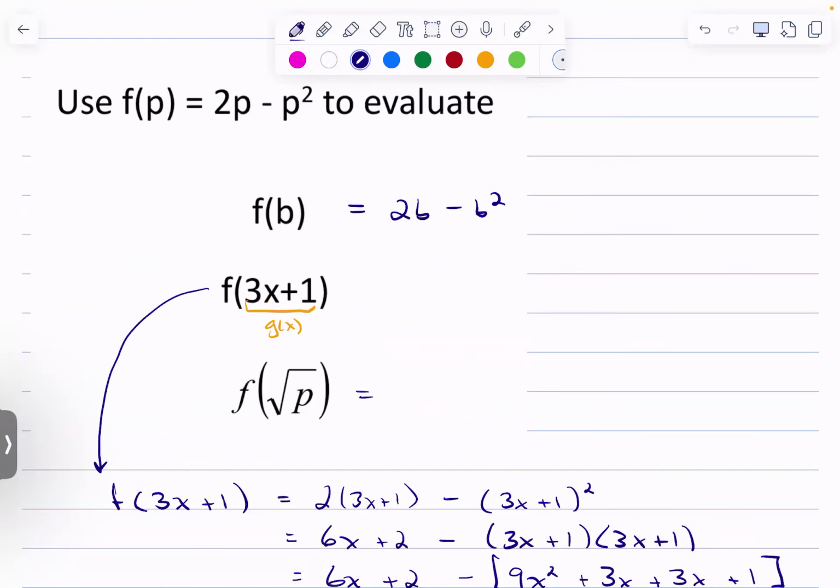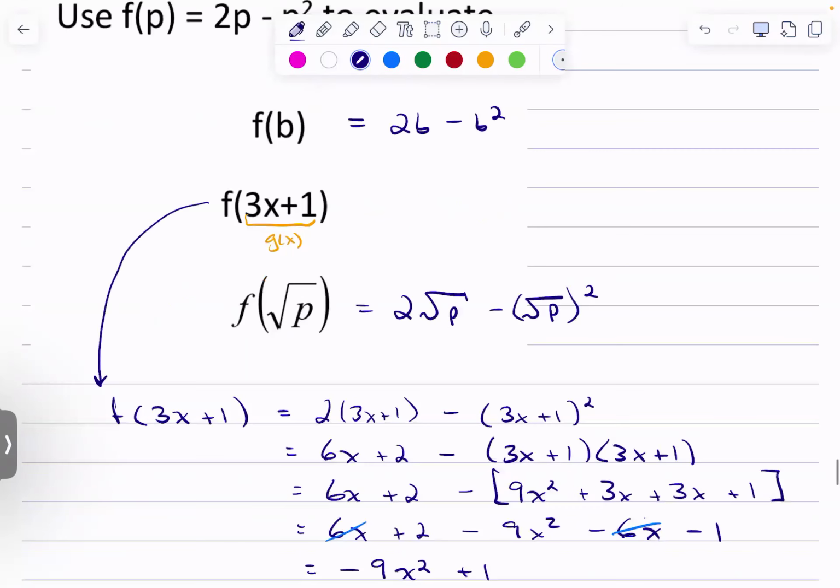Wherever I see a p for f of root of p, root p squared, which becomes 2 root p minus p. Nice.